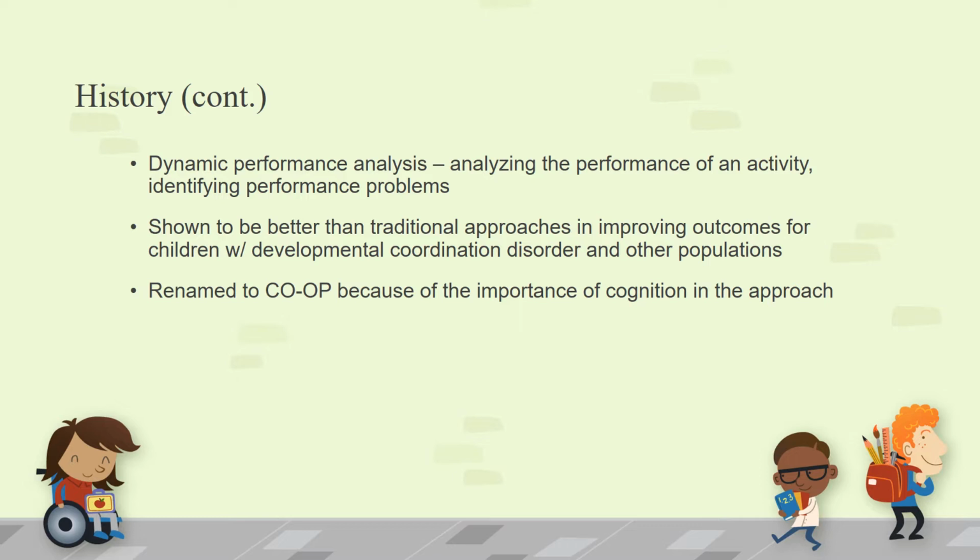Based on studies, this was shown to be better than the traditional approaches for children with developmental coordination disorder, as well as other populations that included brain injury, Asperger's, cerebral palsy, developmental disabilities, dystonia, pervasive developmental disorder, adults with acute stroke, chronic stroke, and traumatic brain injuries. This also was good in an individual and group setting. And it was renamed to CO-OP because of the importance of cognition in the approach.